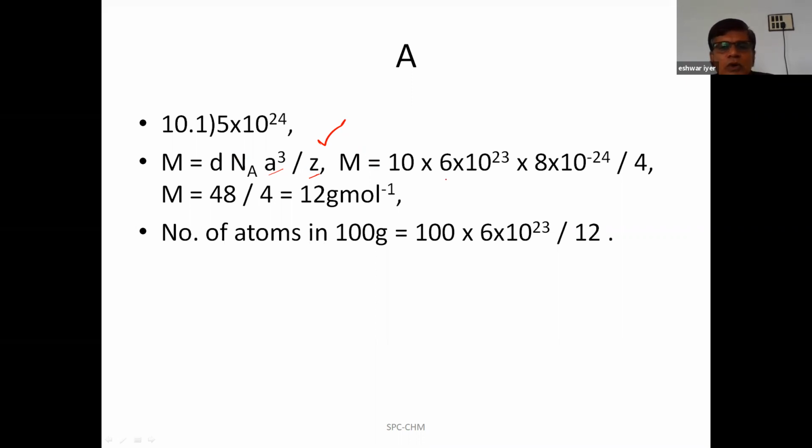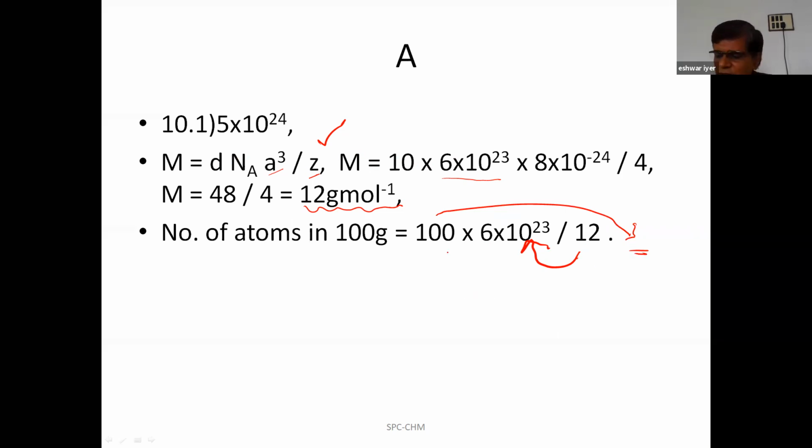Then Avogadro number 6 into 10 to 23. If you simplify this, this is the molar mass. So 1 mole contains Avogadro number of atoms. Then how many atoms are there in 100 grams? If you simplify this, you get the answer 5 into 10 to the power of 24.